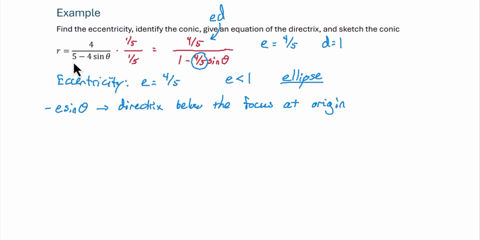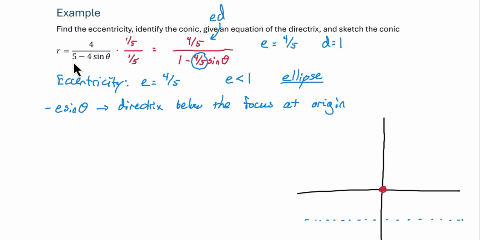So with that in mind, we can start the sketch. We know that the focus again is at the origin, and the directrix is going to be below that, again because we have negative e sine theta in the denominator.